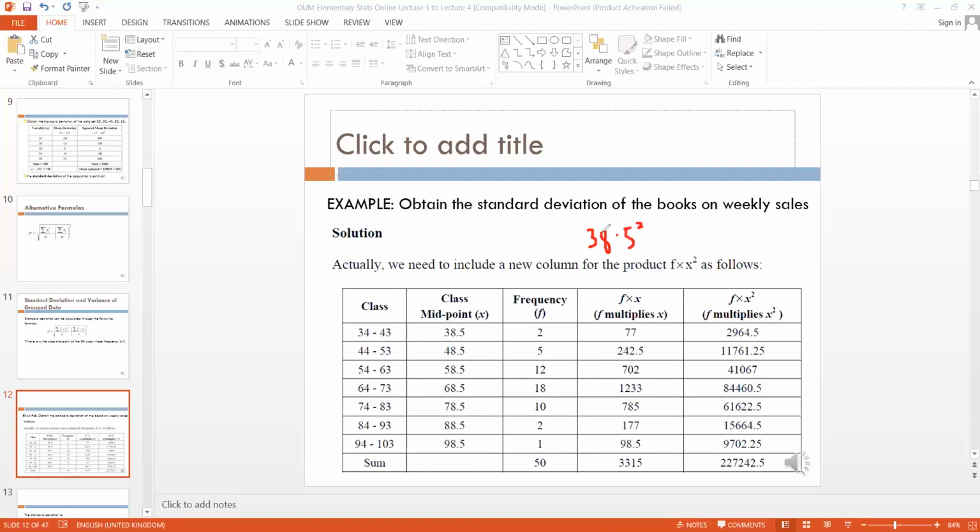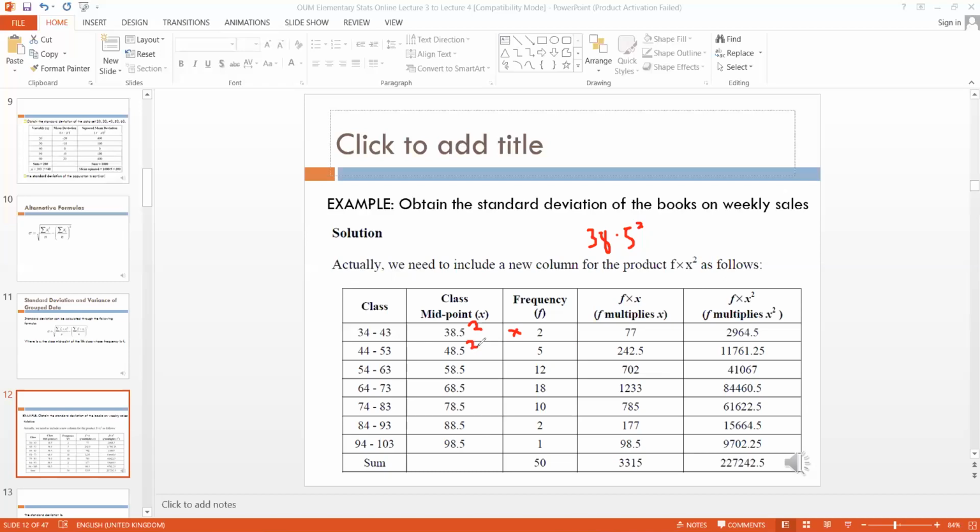You have to do that for me. What did you get? 1482. Good. Then you multiply with the frequency. After you square, multiply with the frequency 2 here. What are you getting? 2964.5. Good. So you do that for the next step too.